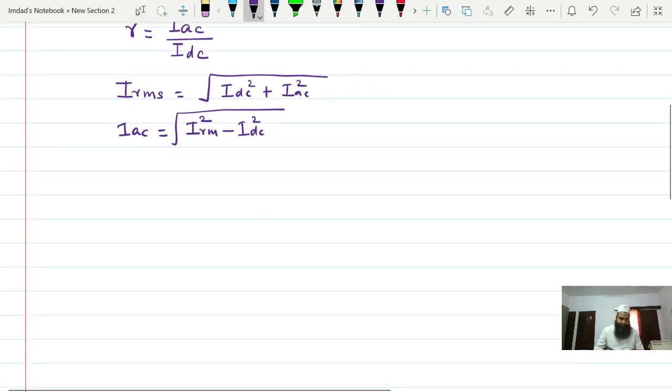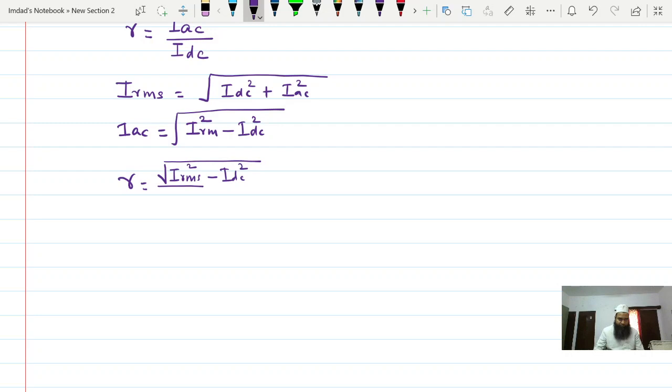Now R can be written as R equal to under root I RMS square minus I DC square, upon I DC.